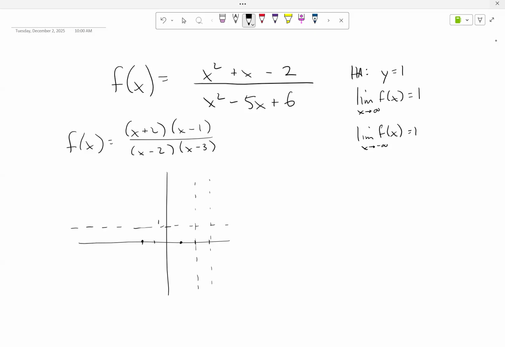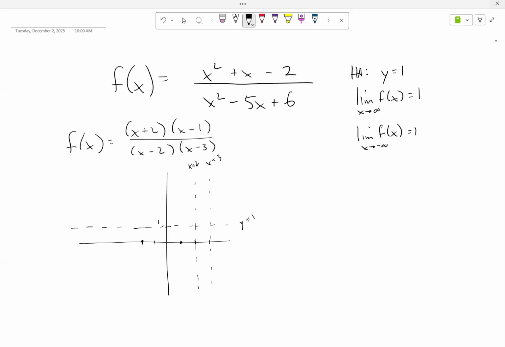Before you start testing numbers for positive and negative, was there anything else we could do? Like label. We could do x equals 2 and x equals 3, and that's important. And y equals 1 for the horizontal.